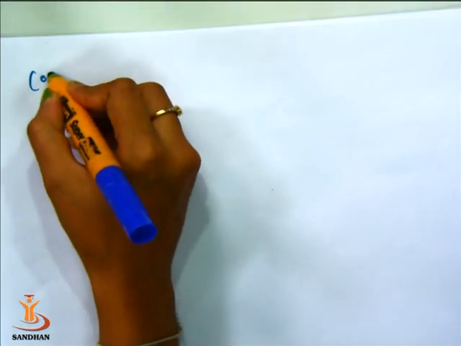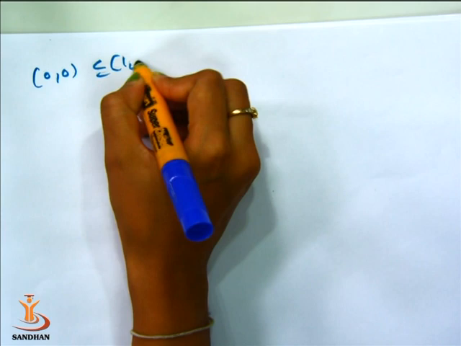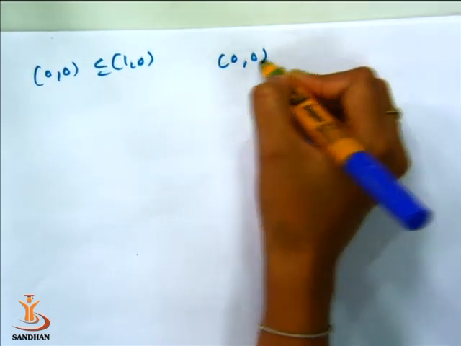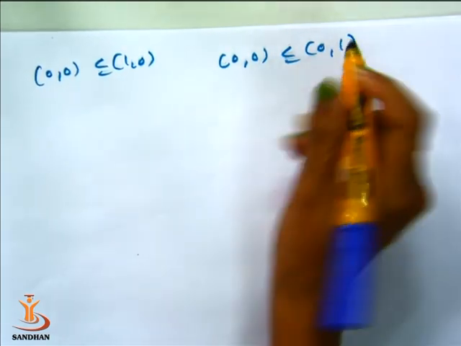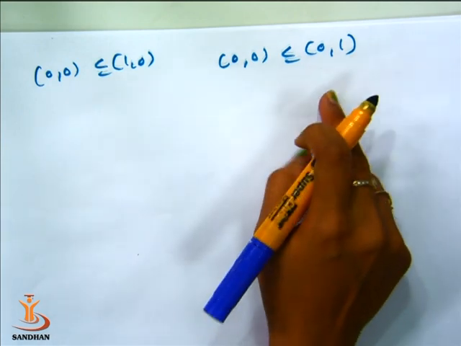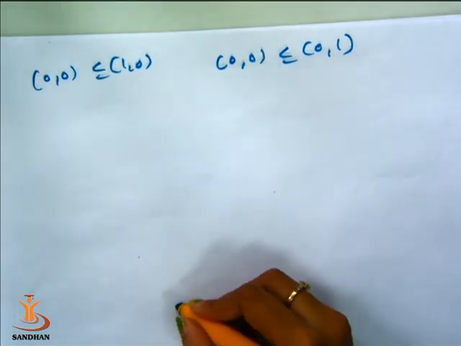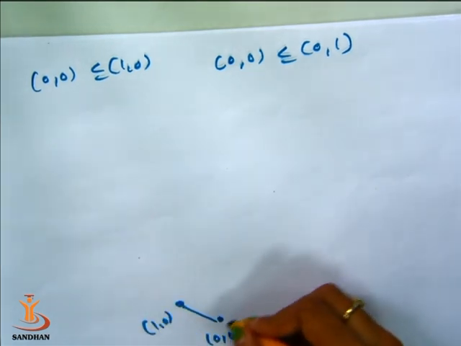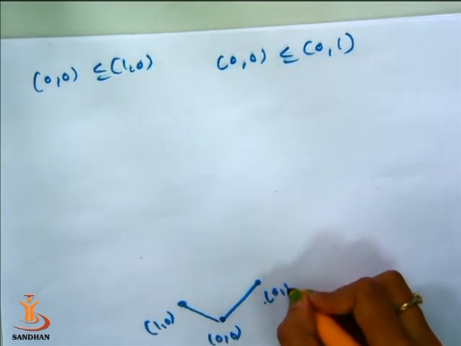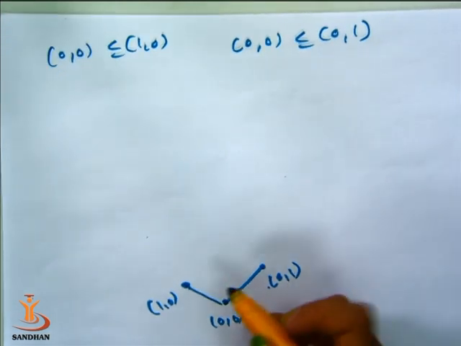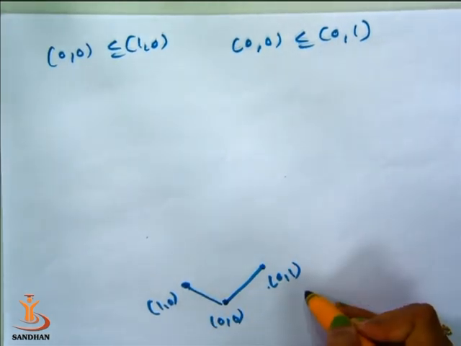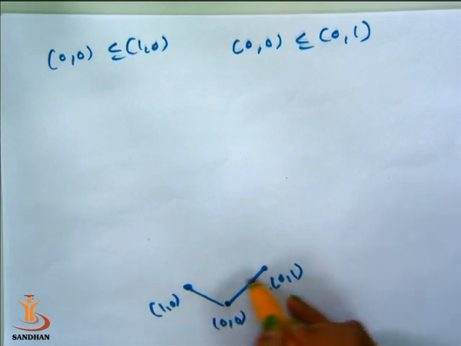We can join (0, 0) to (1, 0) and (0, 1). And (1, 0) and (0, 1) are not related to each other, right? So they have no line in common.